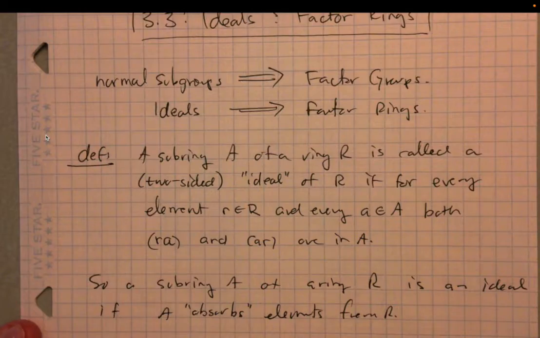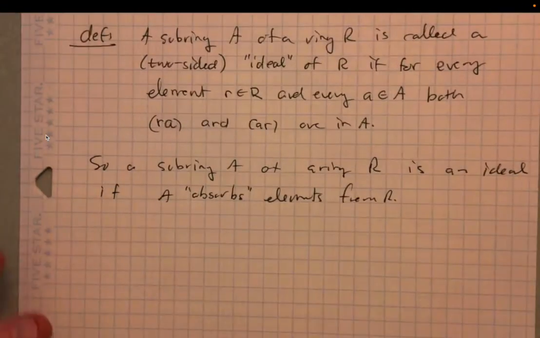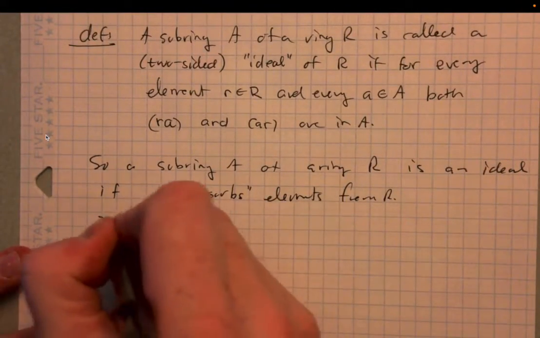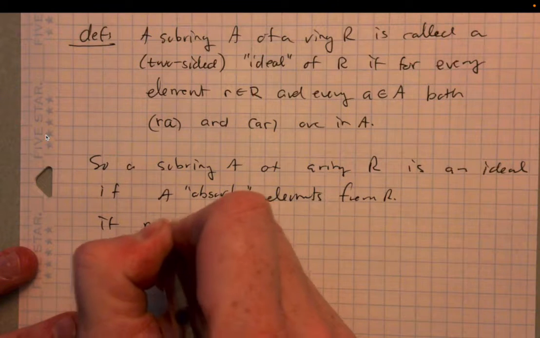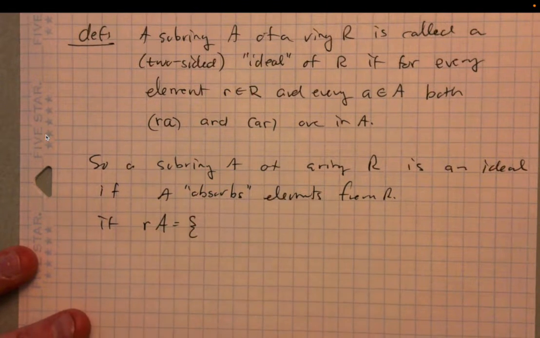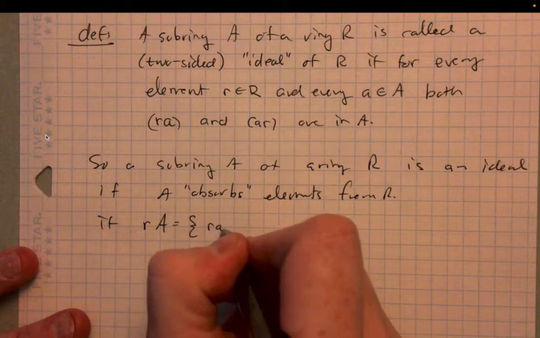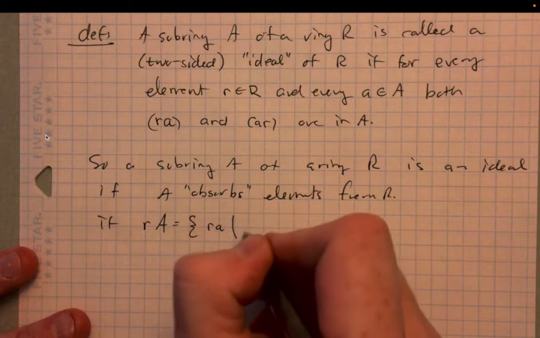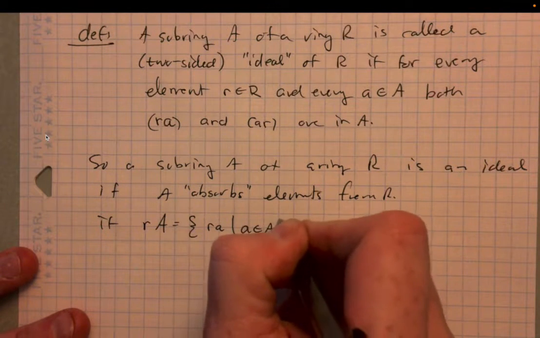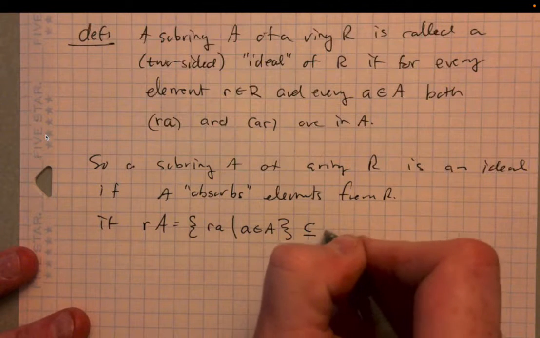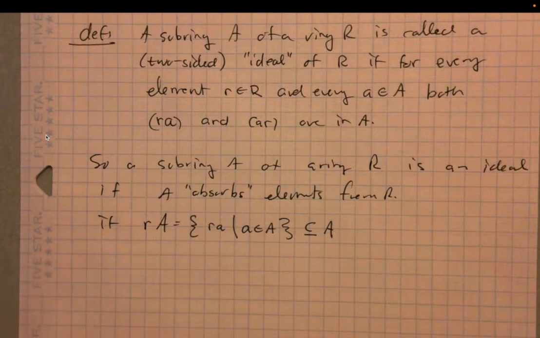To put this into more notation, what is the set rA? This is the set of all elements ra such that a is in A. That needs to be a subset of A in order for A to be an ideal.